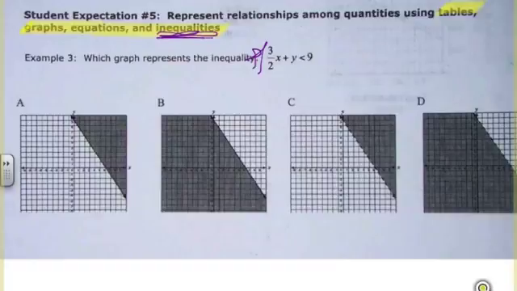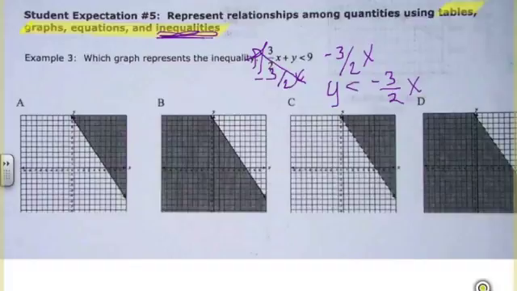Yeah, so subtract 3 halves x from both sides. They cancel out over here. Sorry, that is really ugly writing. Now I've got y is less than negative 3 halves x plus 9.